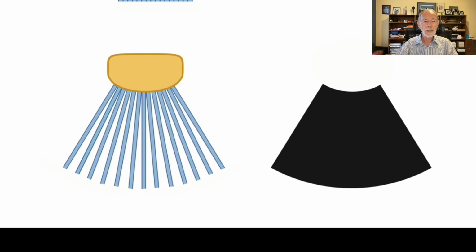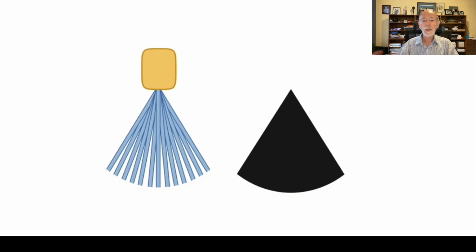So as I said, this makes this probe very popular in the abdomen because you can get a large amount of anatomy in a single image. On the right, we have the phased array or sector probe, and you'll see here it's quite different. Every beam originates from the center of the probe face, but every beam is pointed in a slightly different direction.